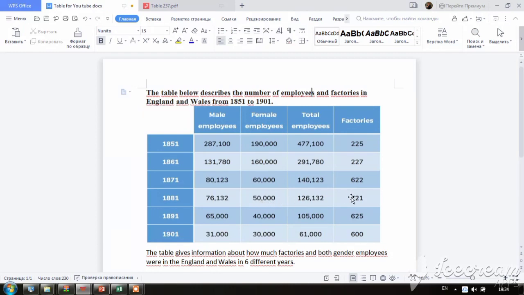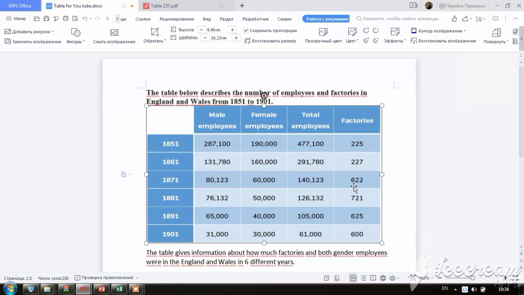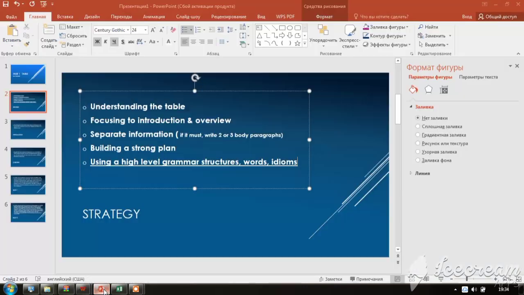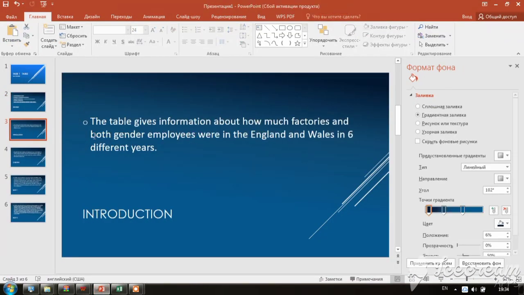So we illustrate these numbers in the second body paragraph. In the second body paragraph, we should also illustrate the factories, because after 1871 the factories reached their peak. So let's do our essay.